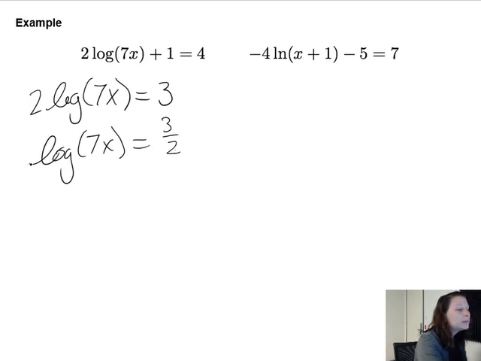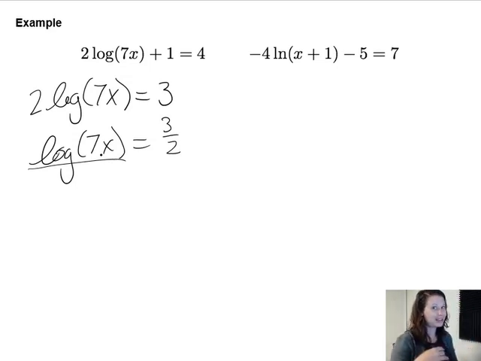Now, remember, this is a log. The opposite of it is how you get rid of it. This is not division. This is not log times 7x. This is log of 7x. It's like a square root, so we cannot do anything with it except to get rid of it with its inverse.